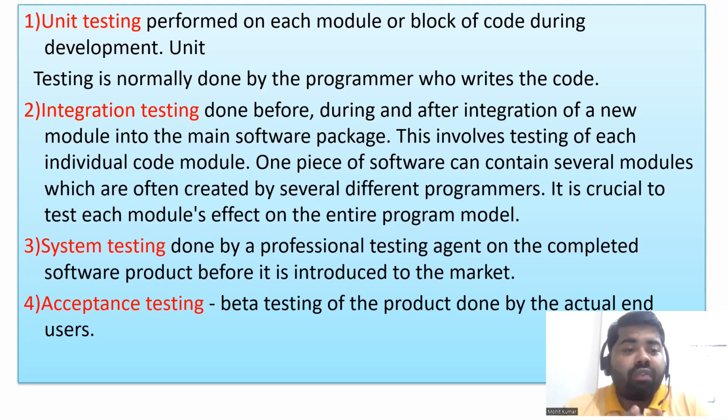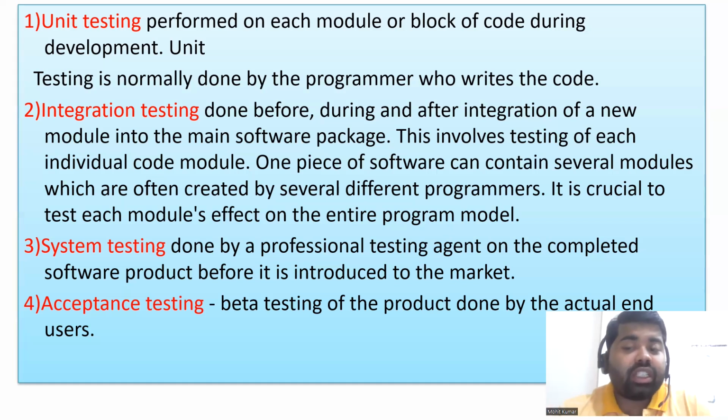This involves testing each individual code module. One piece of software can contain several modules, often created by several different programmers. This is a technical definition I have written, so you can understand what I discussed in my last session, which I explained very well.